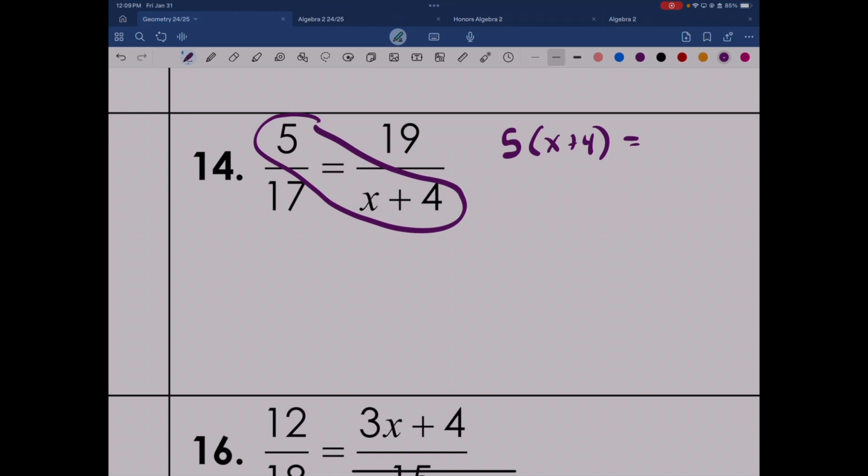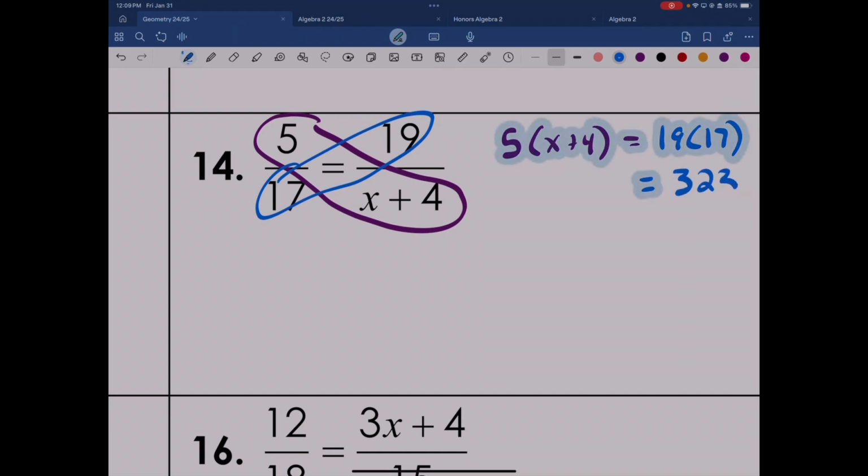If you just want to skip ahead and just go 19 times 17 in your calculator, you can certainly do that. Hey Siri, what's 19 times 17? 19 times 17 is 323.